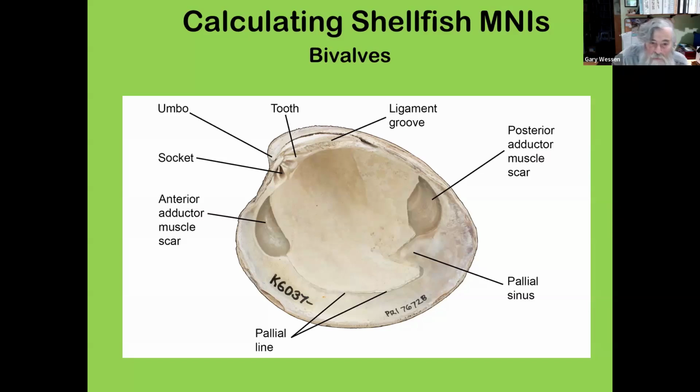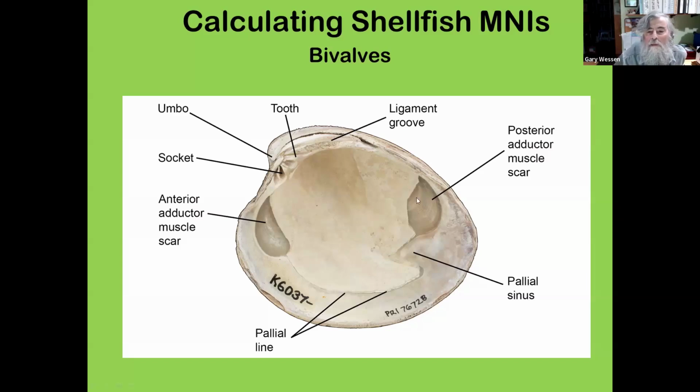I'm going to show you basically how that works. We're looking at the interior now, the inside of a venerid clam. This could be a steamer or a butter, but this works for any kind of clam, any type of mollusk, any type of bivalve, excuse me, mussels, oysters, stuff like that.